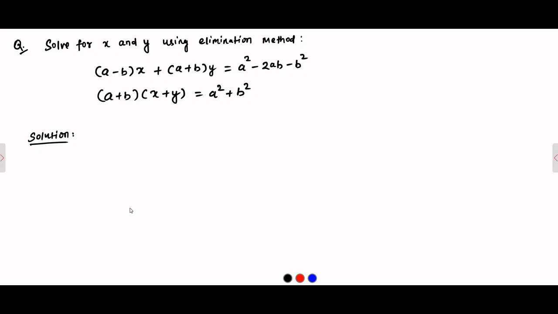So first we'll write the equations in their original form.